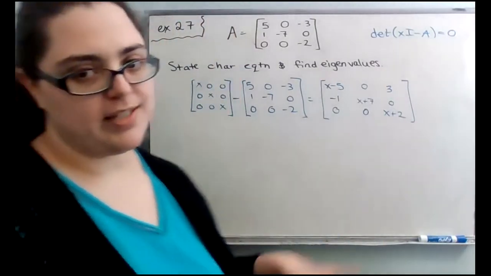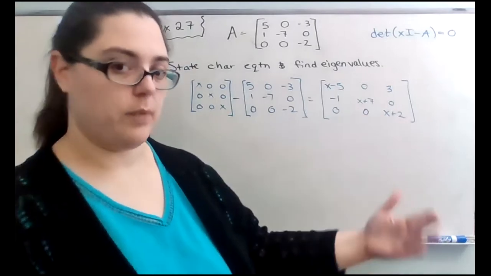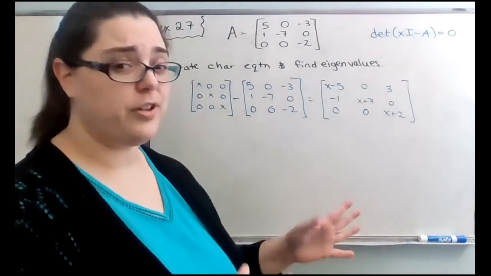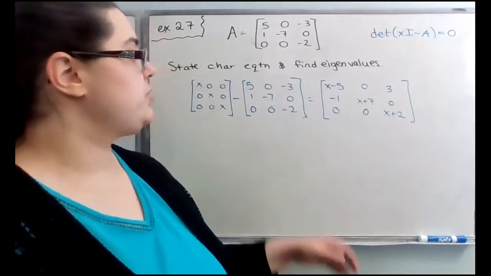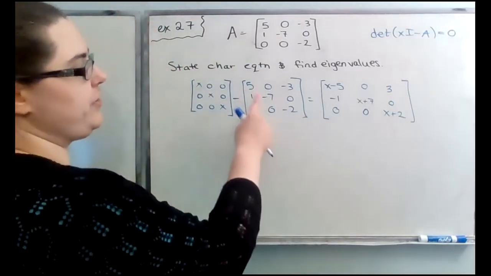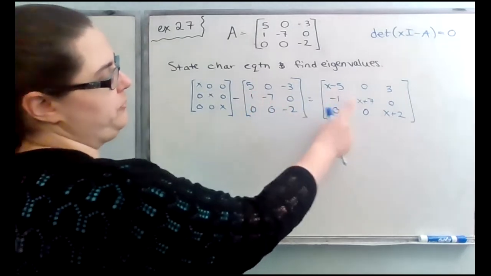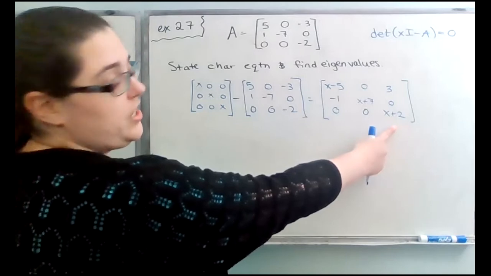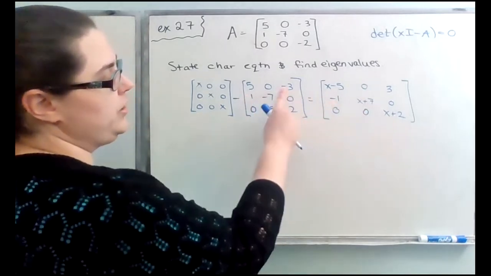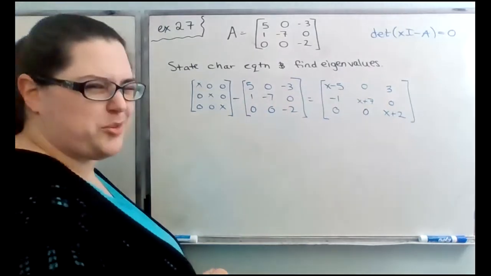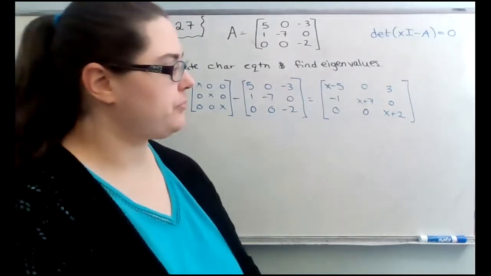So that's our first step: we take xI and subtract our matrix A. The shortcut that you're going to develop over time is you just do x minus everything along the diagonal, so x minus 5, x plus 7, x plus 2, and then everything else changes sign. So 1 became negative 1, negative 3 becomes 3. And that's it for this particular case because we had so many zeros.